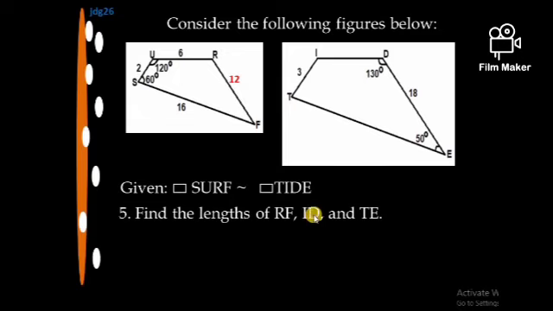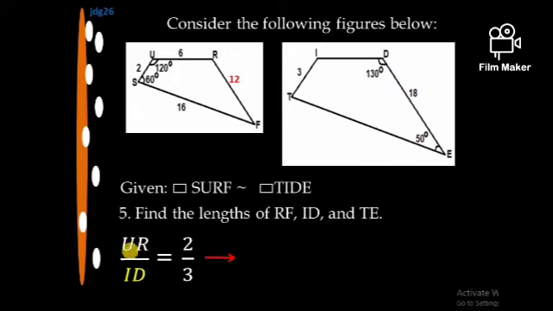Now, let us solve for ID. Segment ID ay nasa bigger figure. So, hanapin natin ang corresponding side niya sa smaller, which is segment UR. Ang ratio natin is segment UR over segment ID. And this is equal to the, of course, scale factor, which is 2/3.